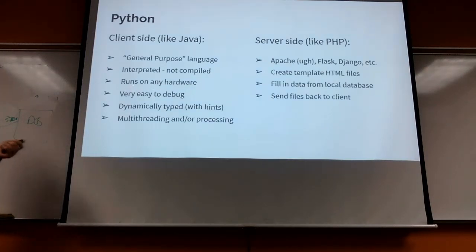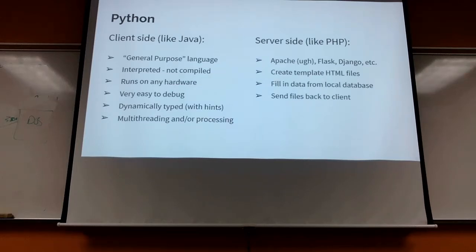It runs on any hardware that has the Python 3 interpreter. So kind of like you say, I got Java, my jar file. You say Python 3, my .python file, right? So same idea.